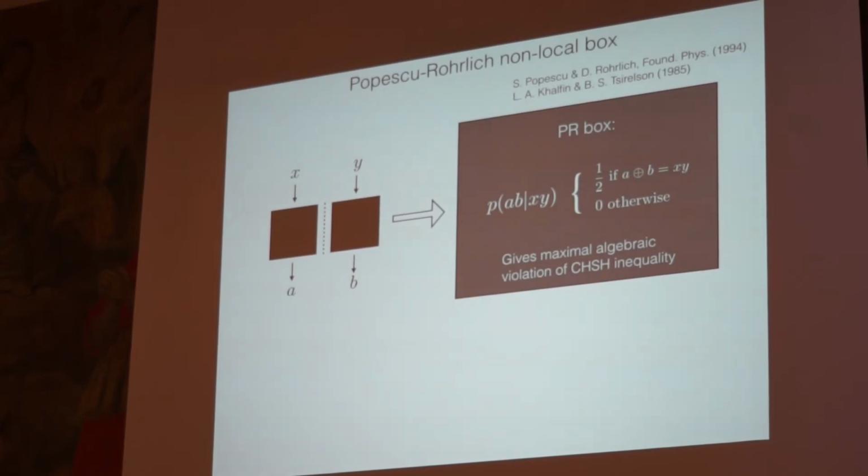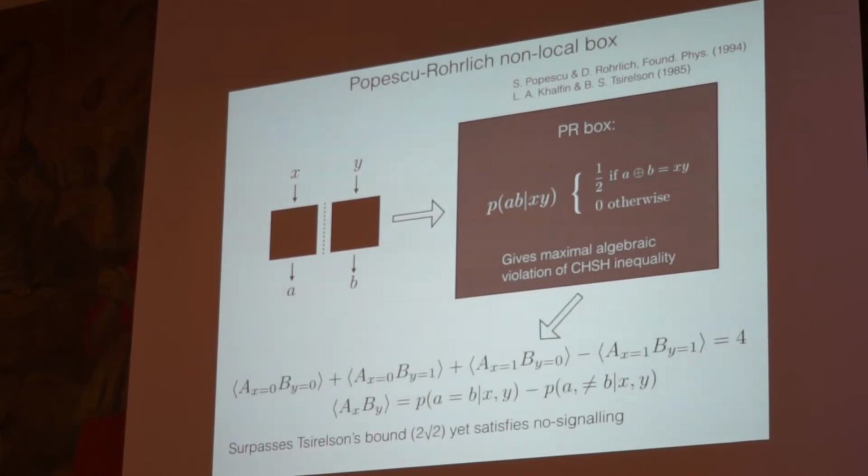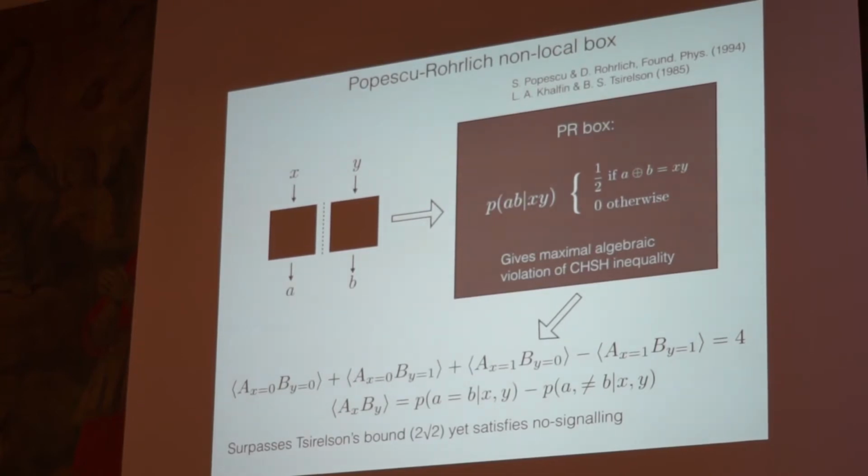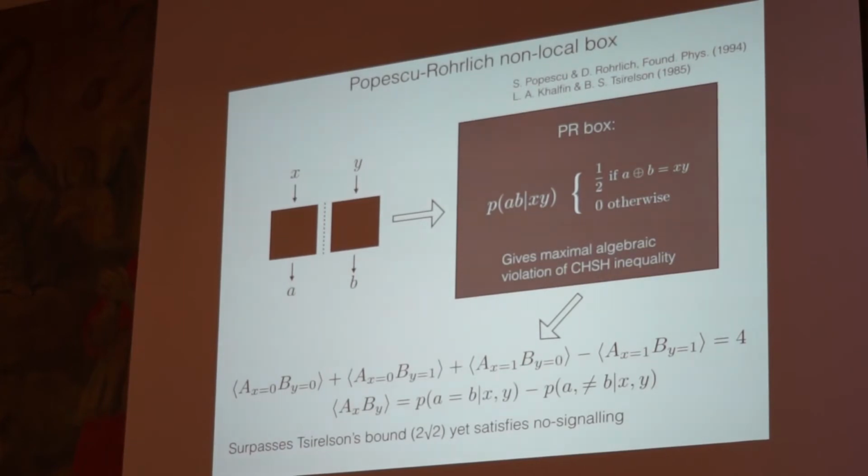And when x equals y equals 1, they have perfect anti-correlation. But then the marginals are completely random. So you plug that into the CHSH inequality, you find that that gives you a value of 4, which surpasses Tsirelson's bound 2√2.